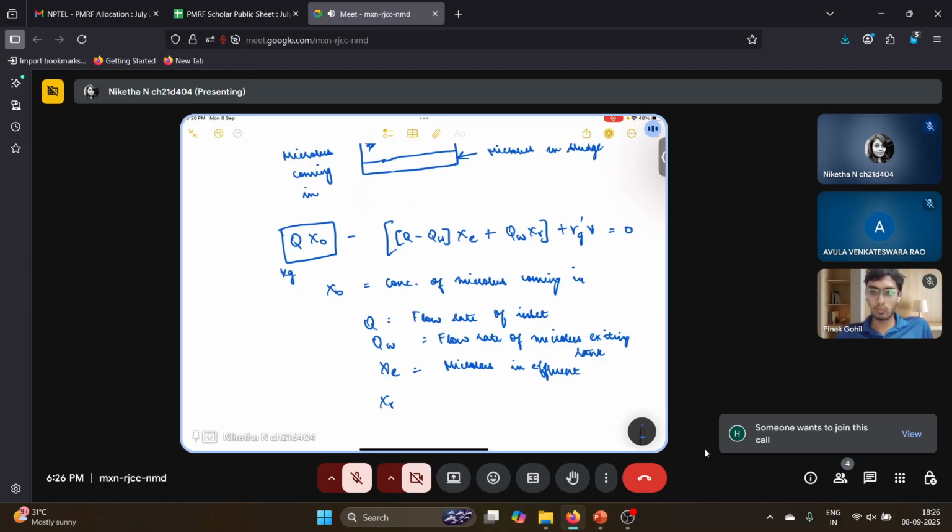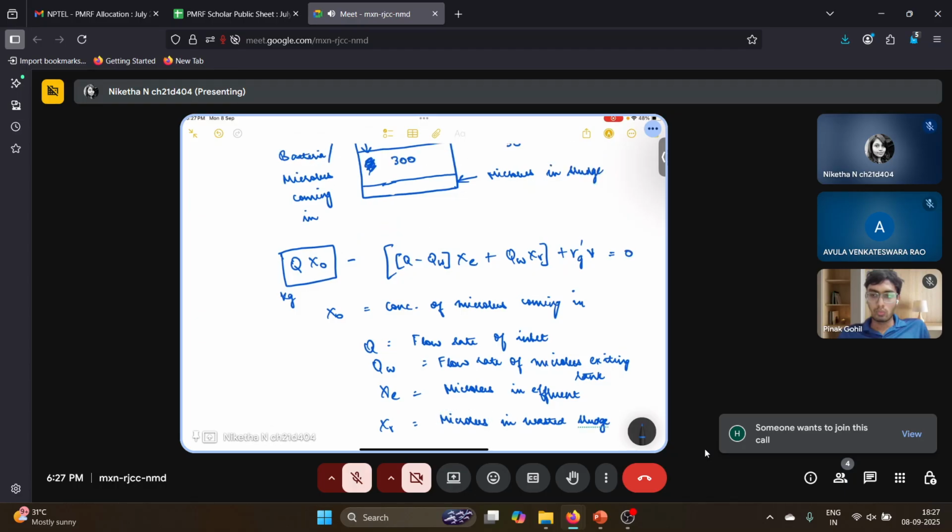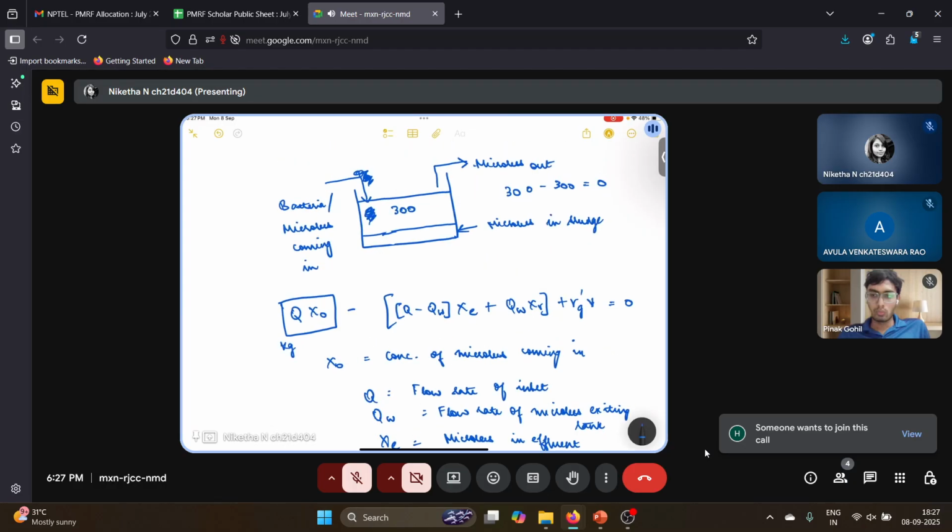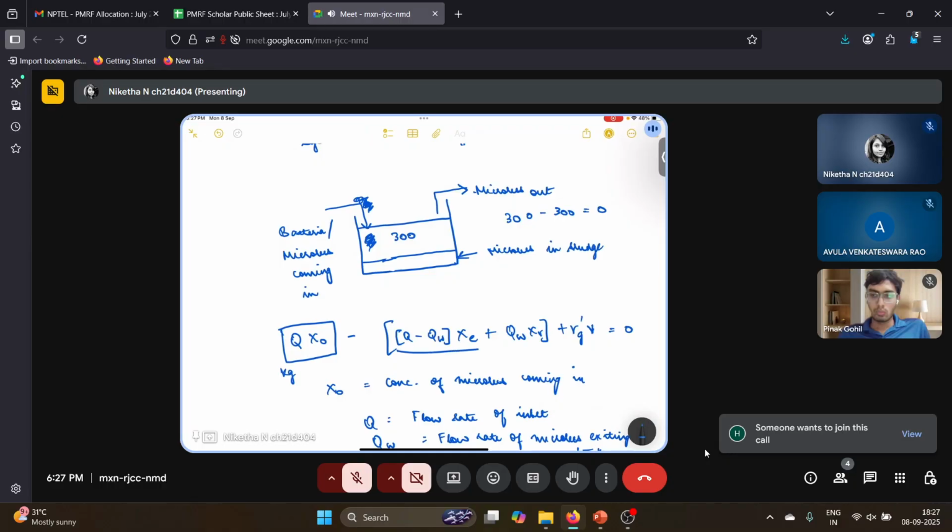And XR is the microbes in the wasted sludge. So this first expression is how much of the microbes are coming out along with the wastewater, and the second expression tells us how much is the microbes in sludge.